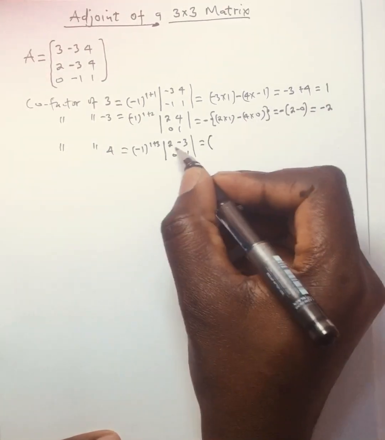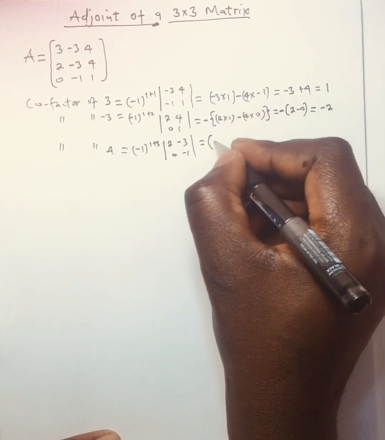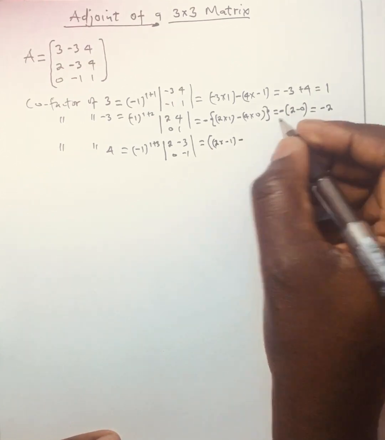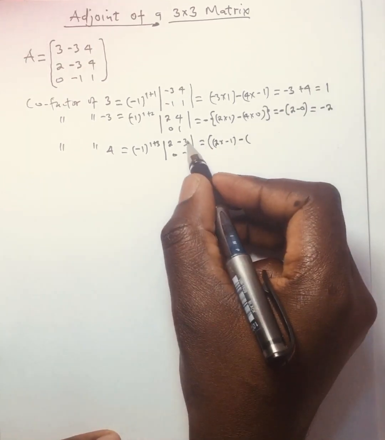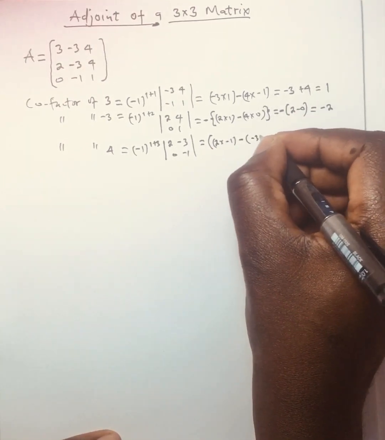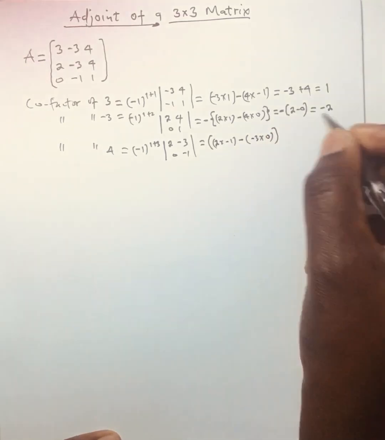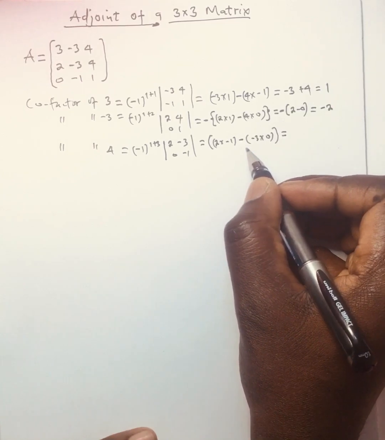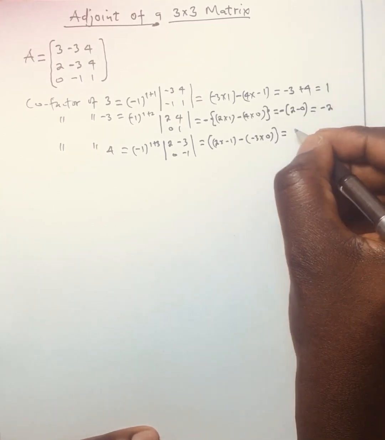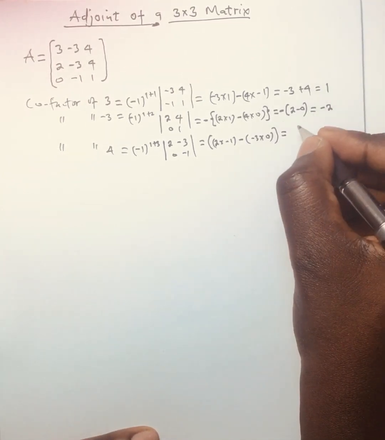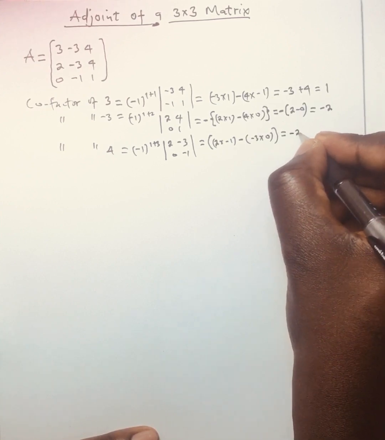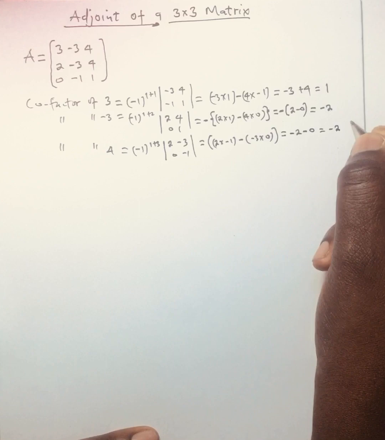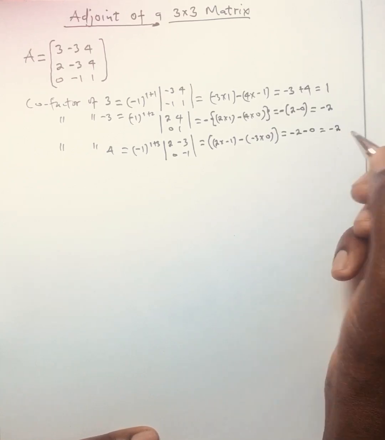So we have 2 times negative 1 minus negative 3 times 0, which is negative 2 minus 0. That is still negative 2.